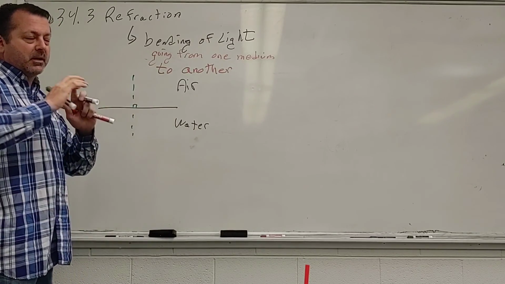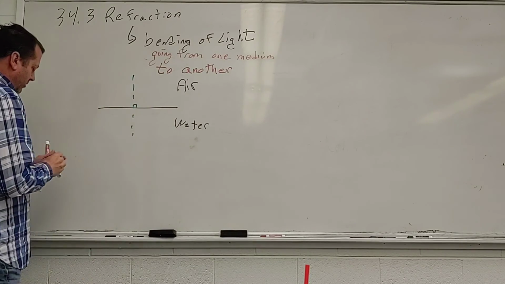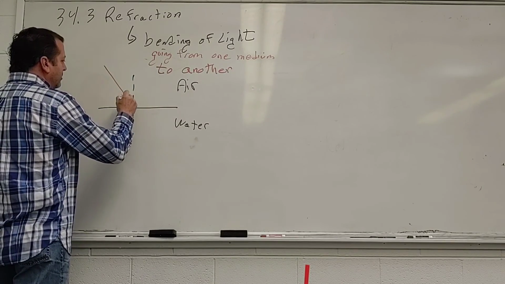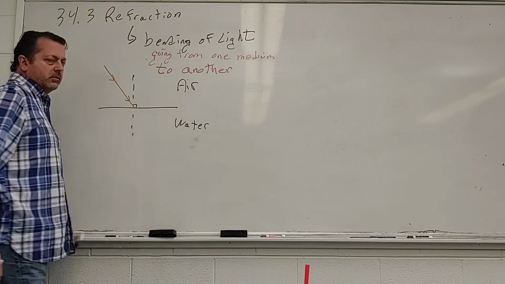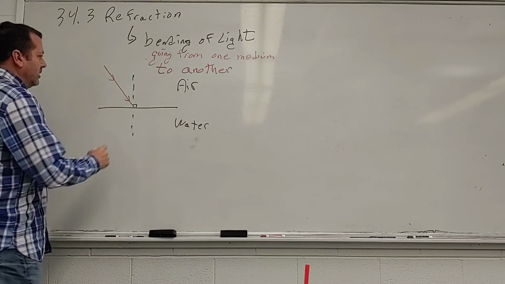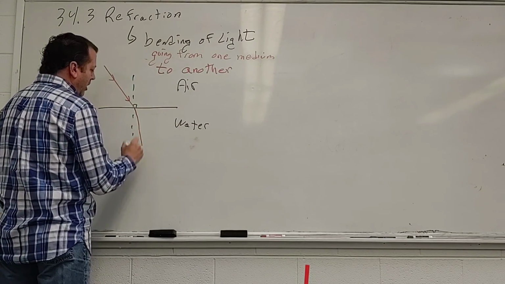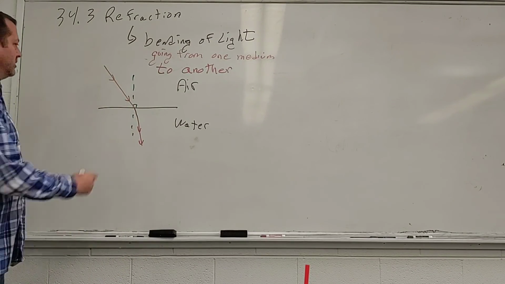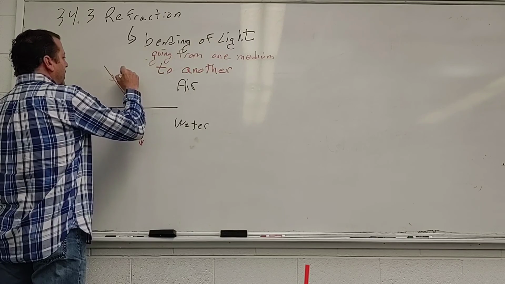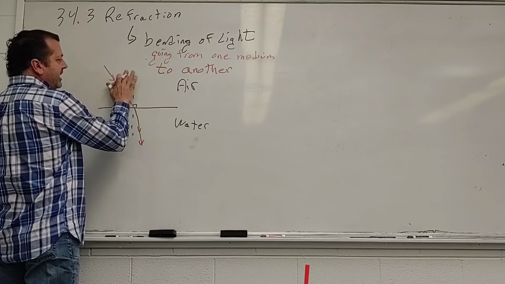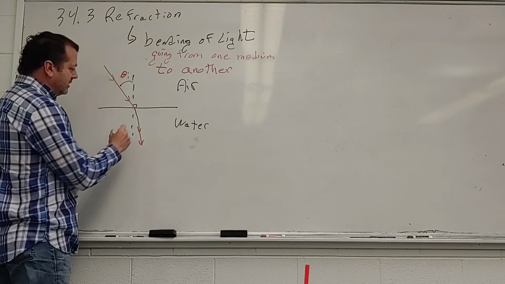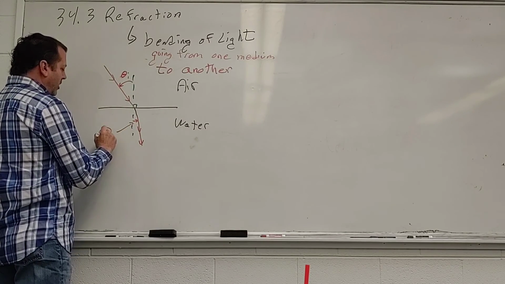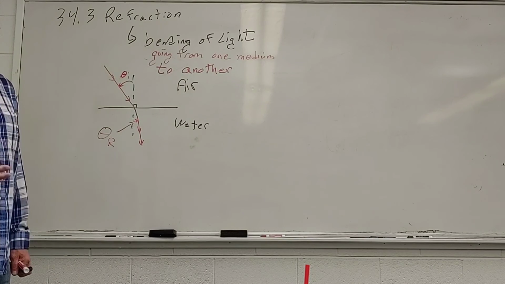You can do it the other way, but the mathematics doesn't work out very well. Relative to the normal, if light comes in at an angle, it will be bent from air to water as such, so that the angle of incidence, we're going to call that theta I, angle of incidence. This is going to be theta R for angle of refraction.